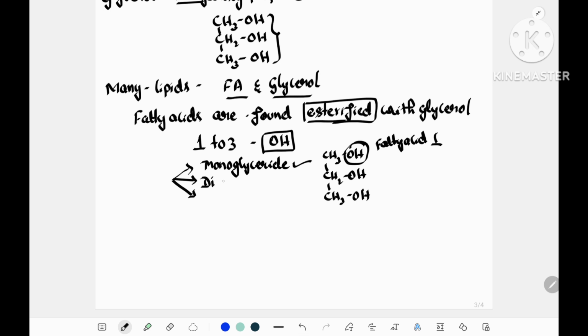And you can understand now on your own that diglyceride means there are 2 fatty acids, and triglyceride means there are 3 fatty acids. So monoglyceride, diglyceride and triglyceride.